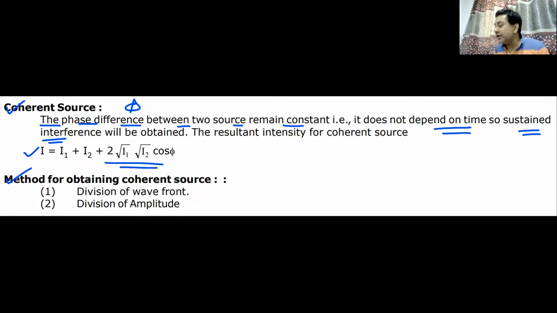If I want to create coherent sources, there must be a single source, and from that single source only we can create coherent sources of light. Have you noted it down? Coherent sources of light can only be made from a single source of light.